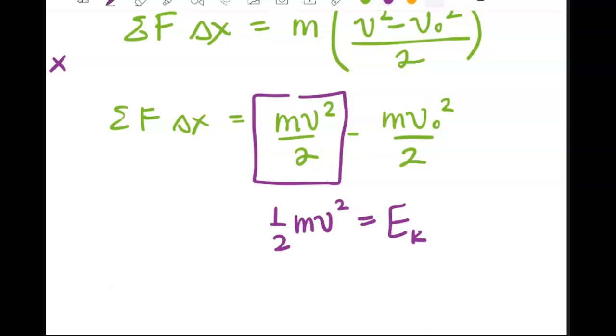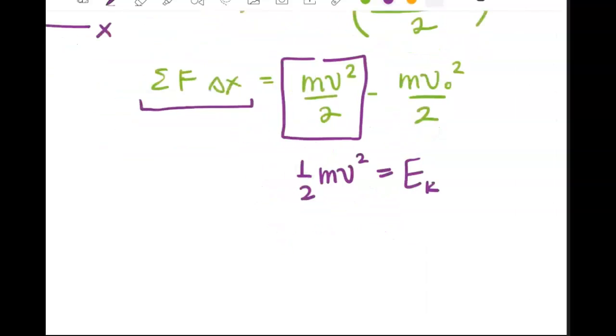Okay, so this force that's applied through a change in position will cause the velocity to change. So the object speeds up or the object could slow down, either, doesn't matter, but there's a change, okay?